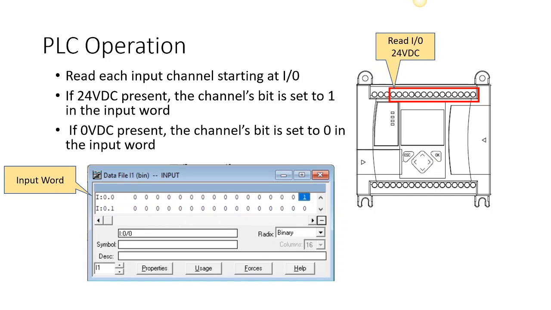So you could think of this as how we purchase eggs. We purchase eggs, not one egg at a time. We go and we buy a carton of eggs, and a carton of eggs has a specific number, 12, in the carton. Well, a word is a specific number of bits.